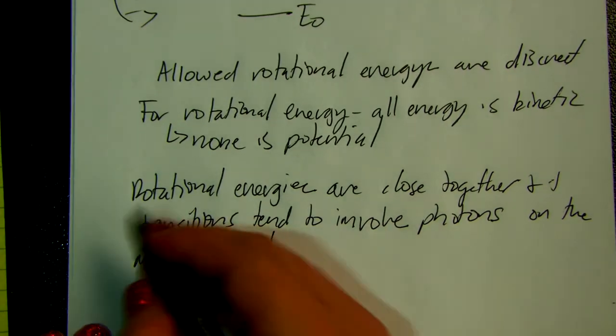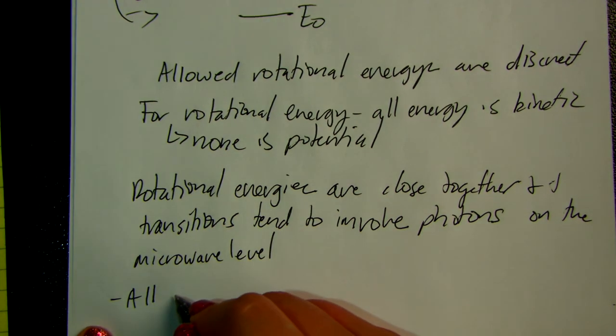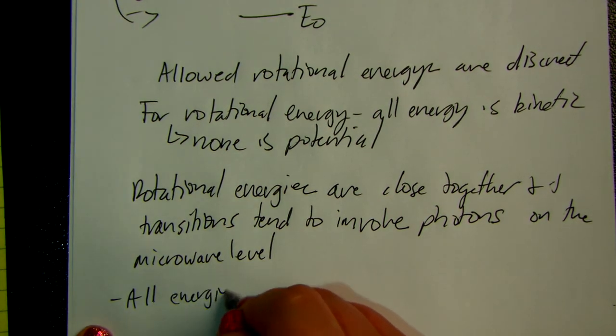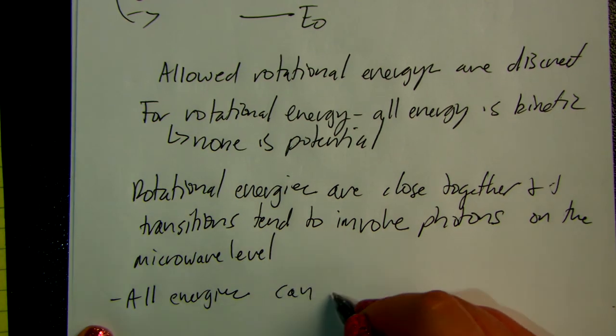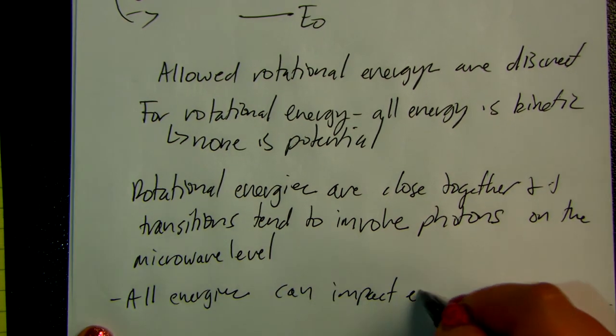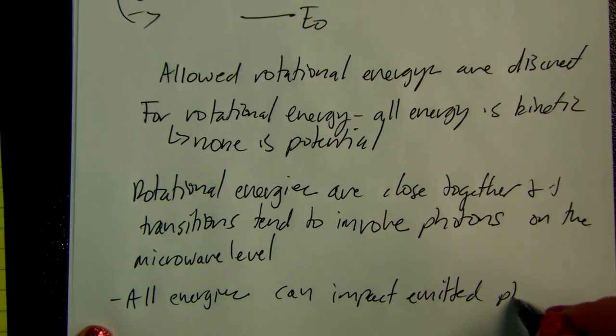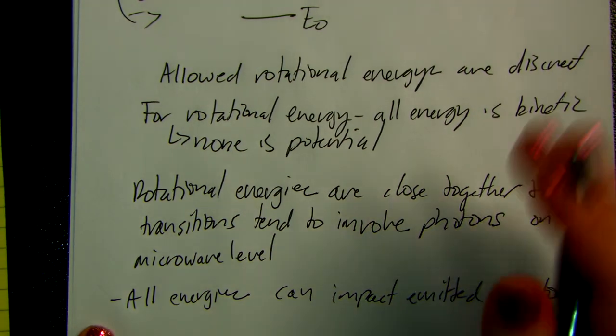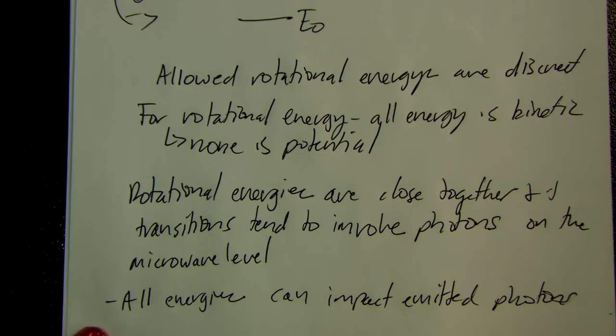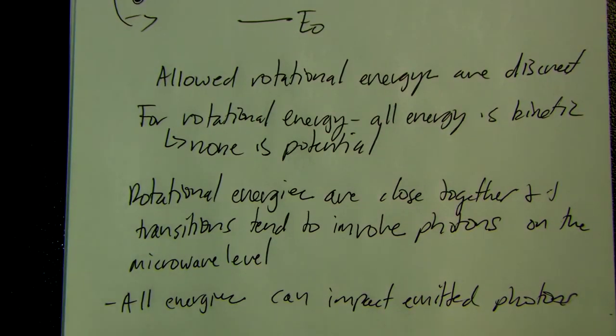And what we are beginning to see is that all these quantum energies can impact emitted photons. But there are certain photon ranges that correspond to certain energy levels. So what we saw with the electronic energy levels, we were dealing with emissions in the visible, UV, and infrared ranges. Now we're looking at energy transitions in the microwave range, which is substantially different.